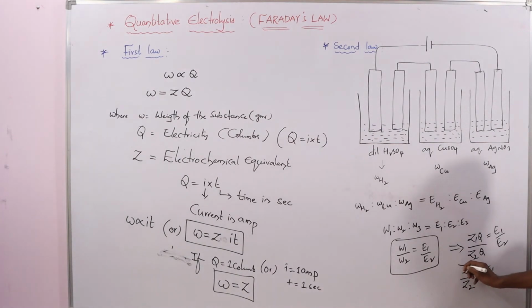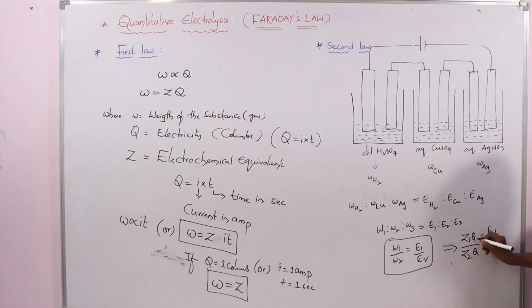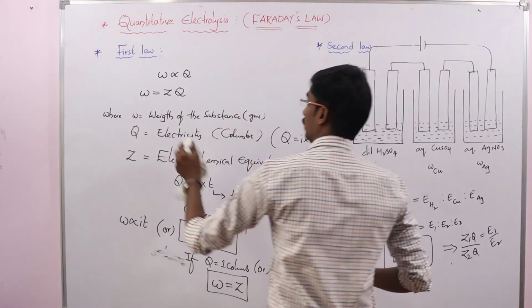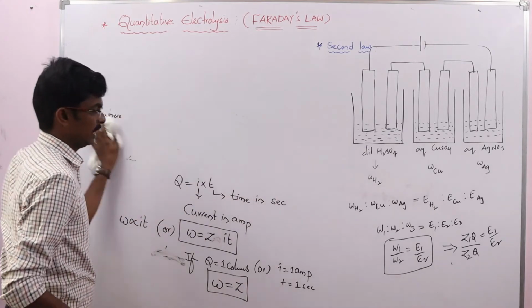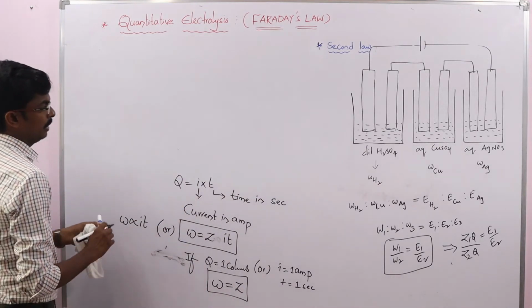So this is one more relation we get with the help of the second law. Z1Q by Z2Q equals E1 by E2, and it is also possible to write Z1 by Z2 equals E1 by E2.